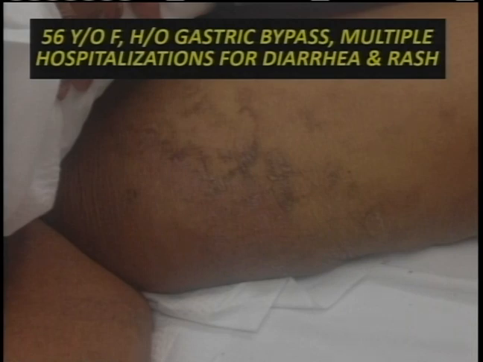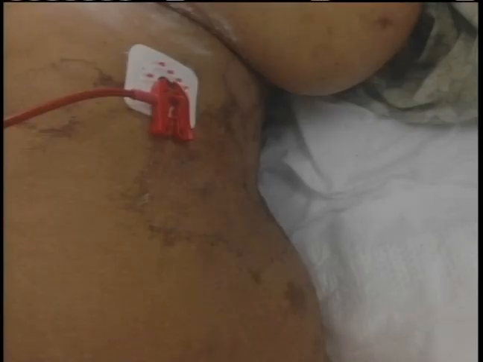And on exam, she had these sort of erythematous to violaceous, scaly patches, thin plaques in the intertriginous areas predominantly, so inner thighs, under the breast. The scale at the areas was almost like it was peeling off, so what I would describe as sort of desquamative.